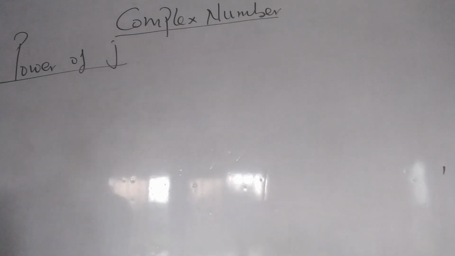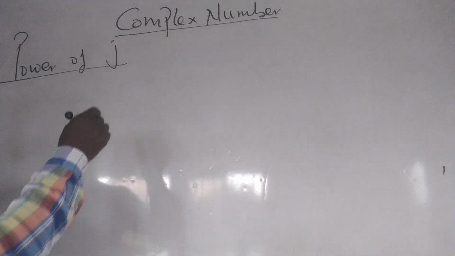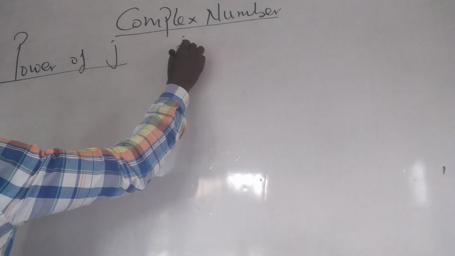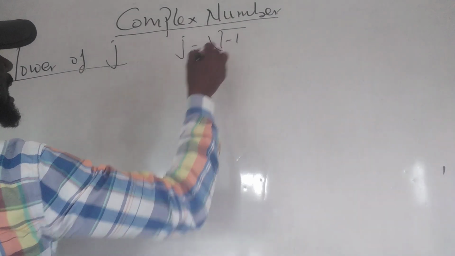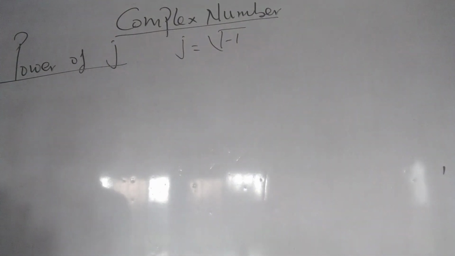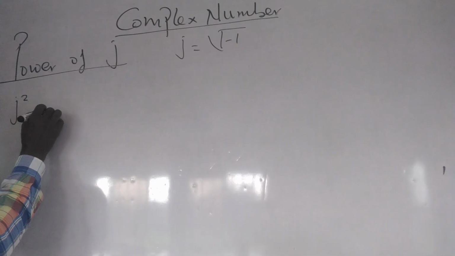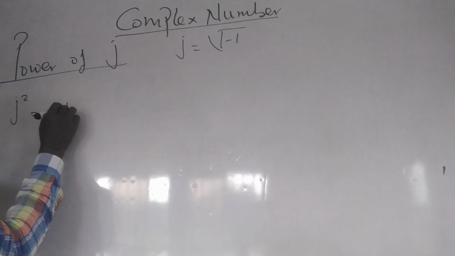If you can recall in the last video, we said that J is root minus 1. But what if we choose to talk about J squared? J squared has a property to be minus 1.